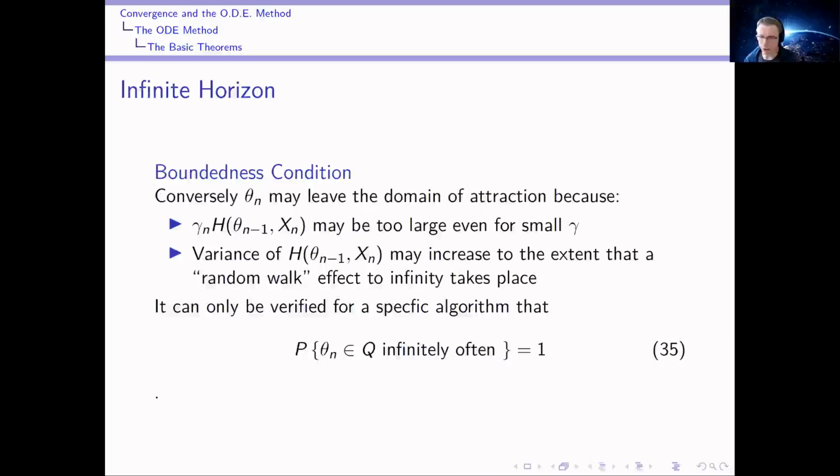And the second is related to the boundedness condition. So the correction term may be too large and then cannot be reined in by the small gamma. Also the noise in the correction term, which is the difference between H and the mean vector field, can also increase to an extent that it's possible for a random walk to infinity to take place.